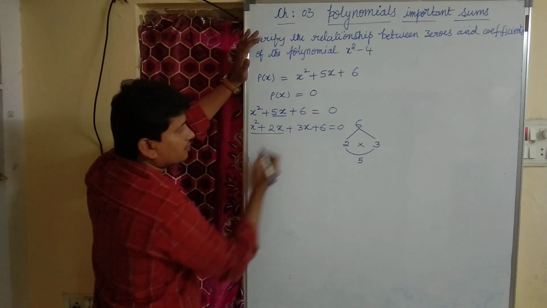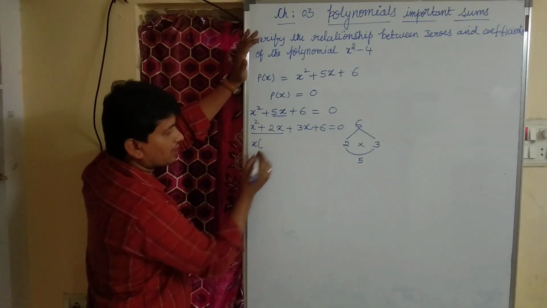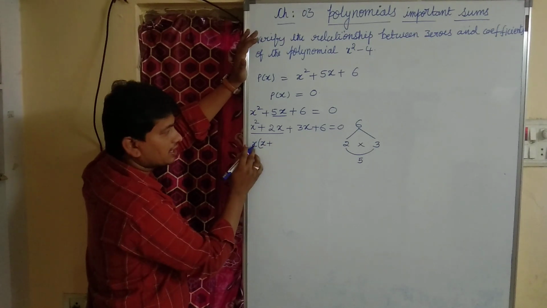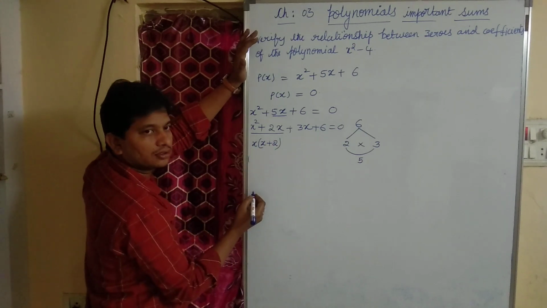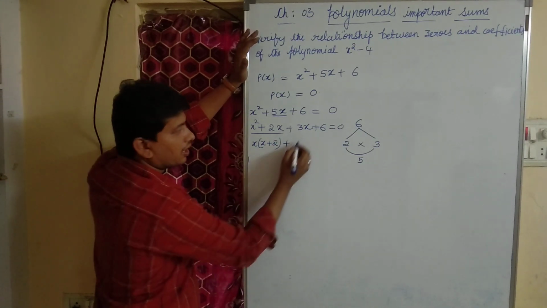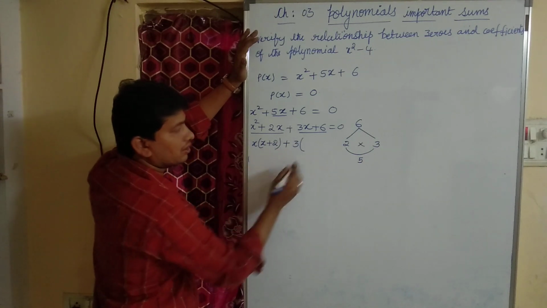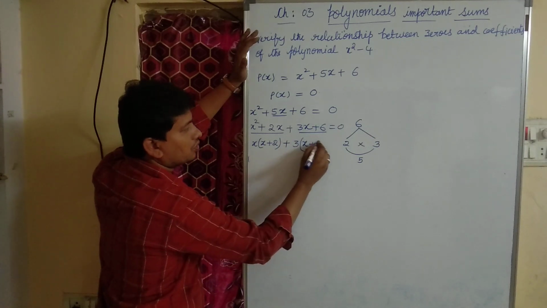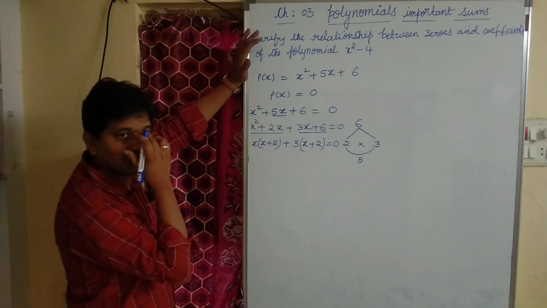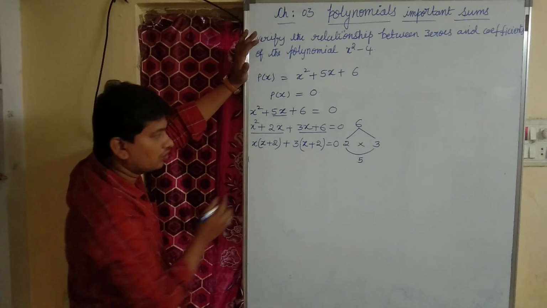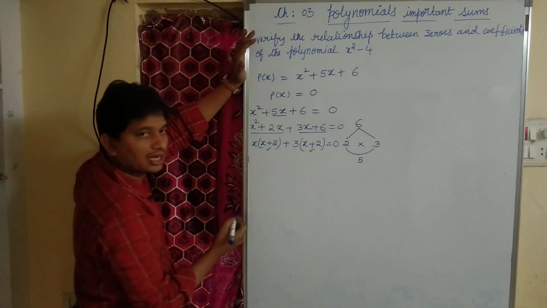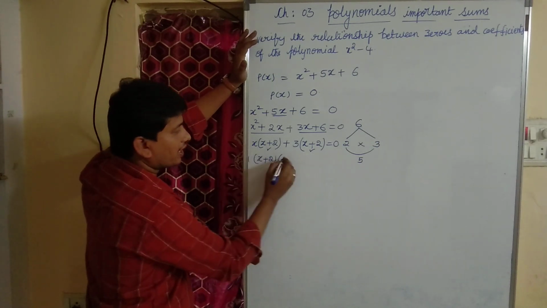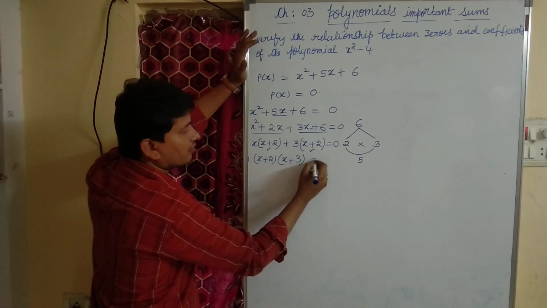And from these two terms, I can take x as common. x into x, x square, plus x into 2, 2x, plus, and from these two terms I can take 3 as common. 3 into x, 3x, plus 3 into 2, 6, which is equal to 0. Okay. Now from these two terms, I can take x plus 2 as common. Now I have here x plus 3, which is equal to 0.